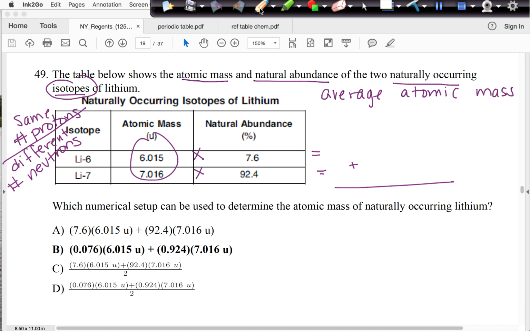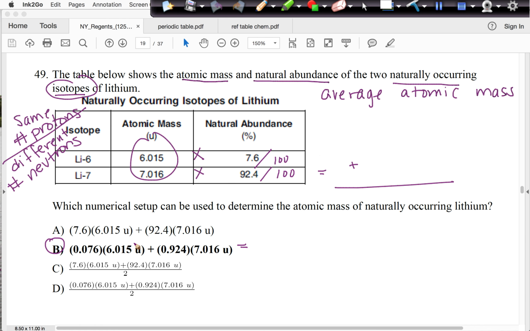We can move the decimal back two places, which would be 0.076 or 0.924, multiply like that, and when you add those two results up, you'll get the atomic mass. Or, as a third method, we could multiply by the percent and then put the whole thing over 100 and add those two numbers together.